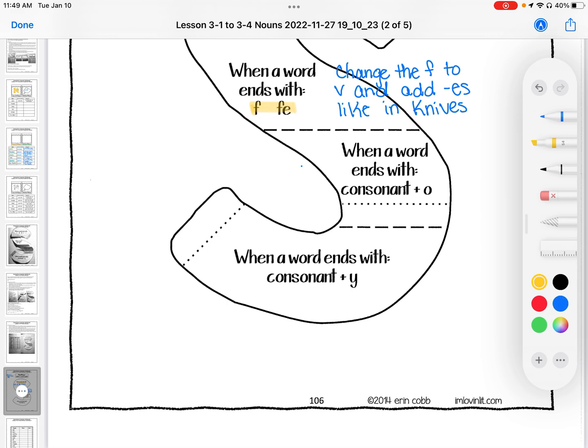When the word ends with a consonant plus O, you're going to add S or ES, and you have to check a dictionary or ask Google. So you're going to add S or ES, but you need to check a dictionary.